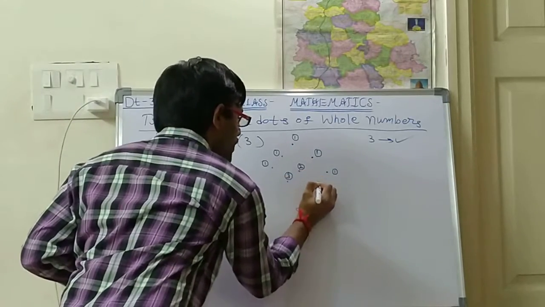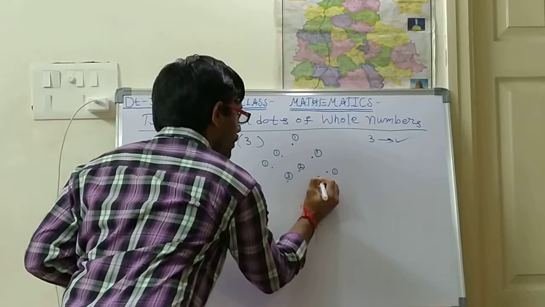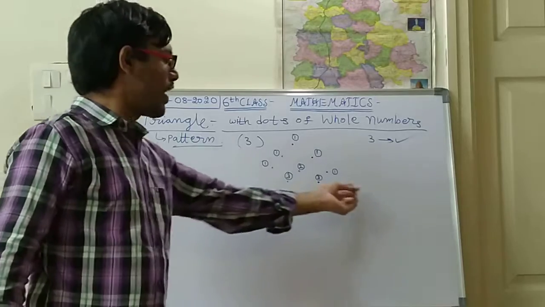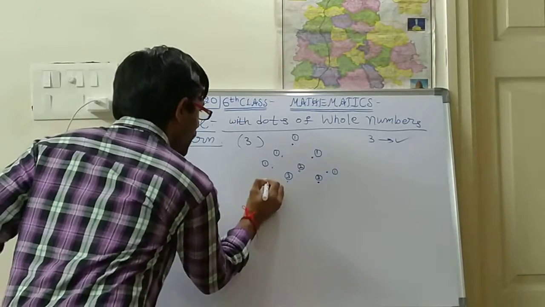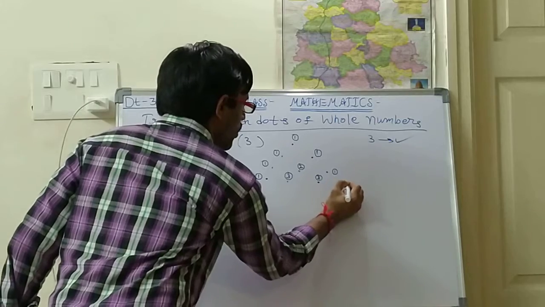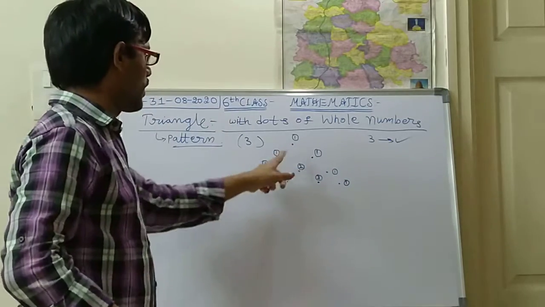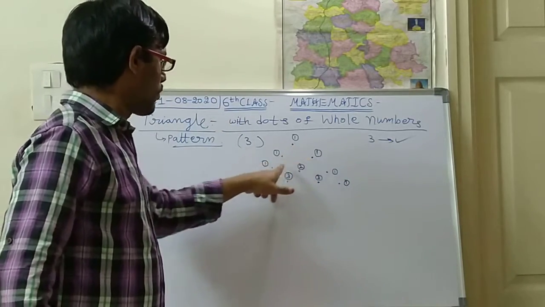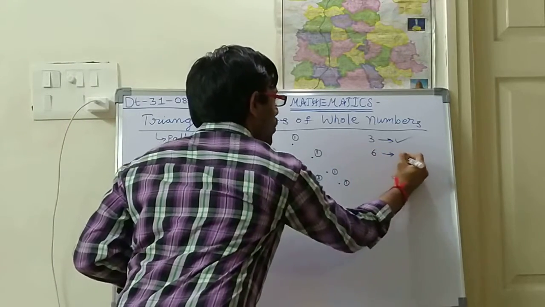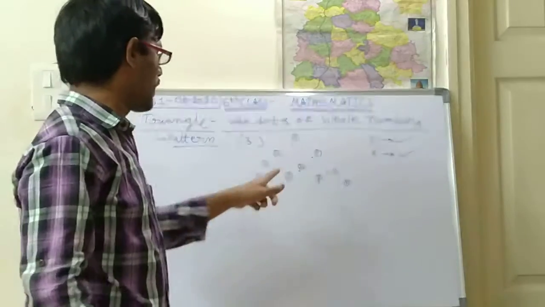So here also in the center you take this dot and name it as 3. At the left hand and right hand you compulsorily keep 1. Now count how many dots are there. 1 2 3 4 5 6. So see, with the 6 dots we can also form a triangle.